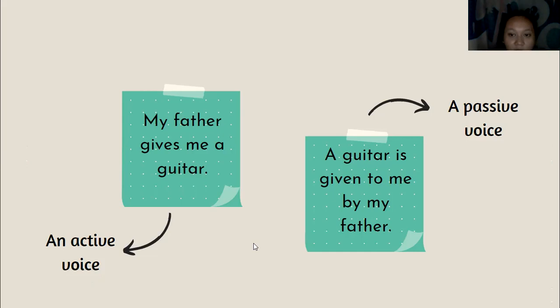So, what kind of tense is the right one? Absolutely right. The right one is also simple present tense. But the right one is a passive voice, and the left one is an active voice.